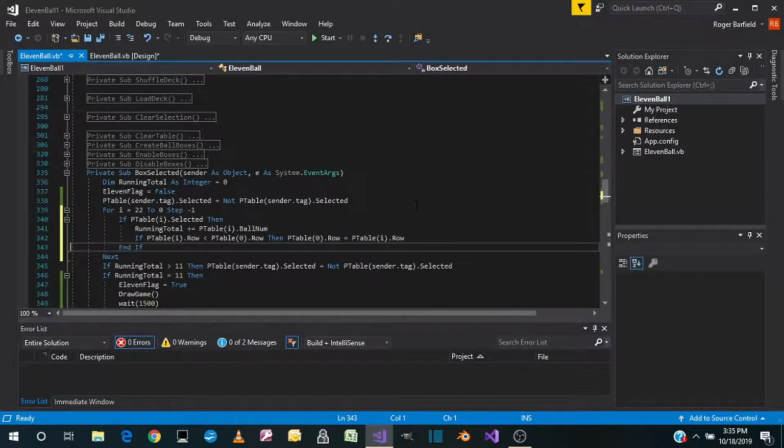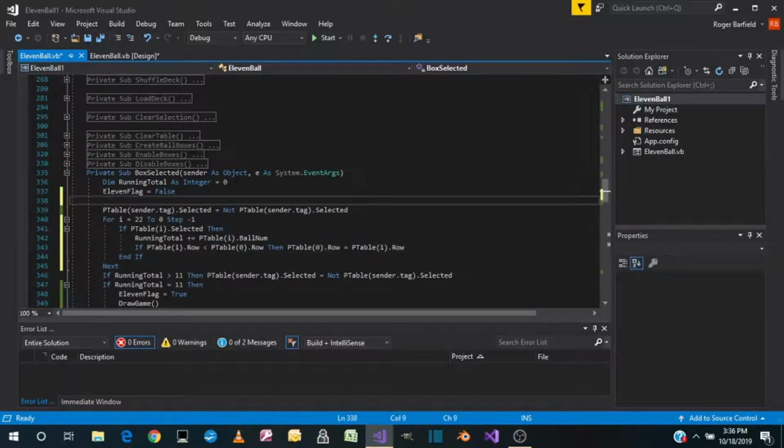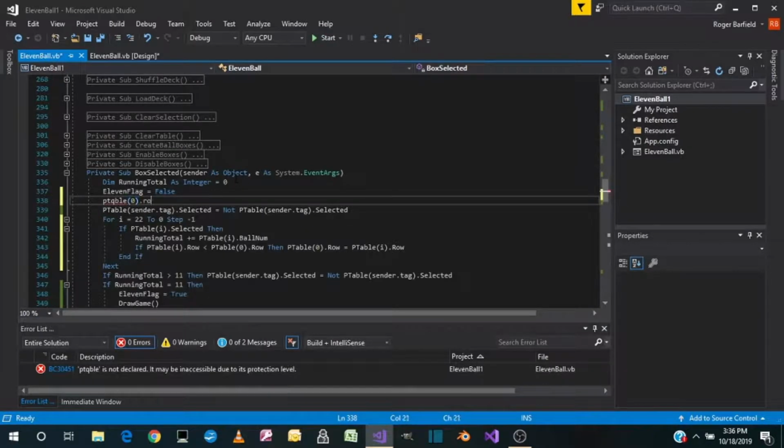And we want the lowest row number of the ball selected. So right now we preset the row on the rack ball to 6. So any ball selected less than 6, that should show up. So let me put it back here. P table dot row equals 6 because we will be changing it.